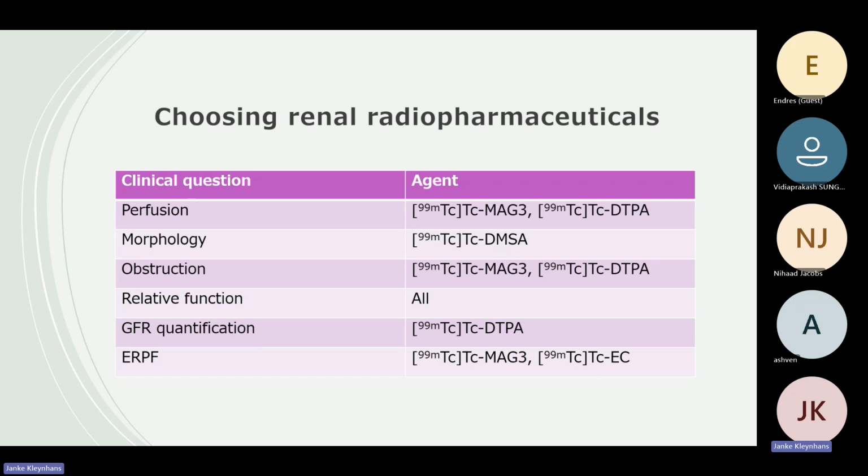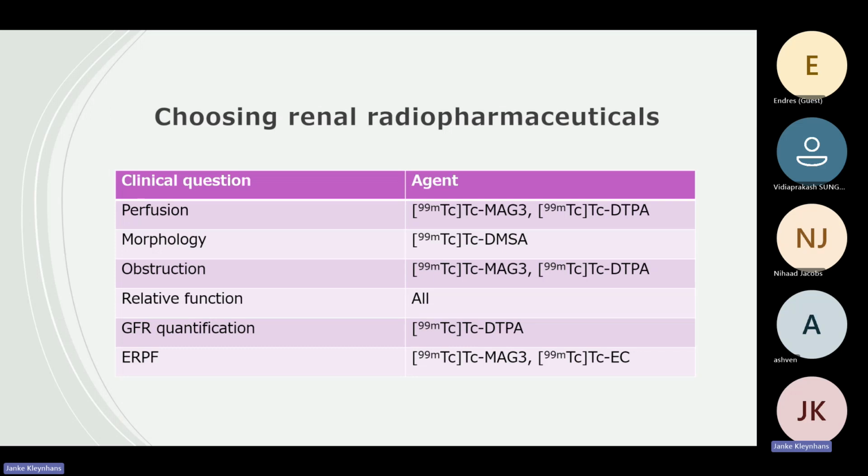So you have to choose the correct radiopharmaceutical for what you want to image in your clinical questions. There are a lot of clinical questions. Like we said, perfusion, that's the renal blood flow, that you can do early on imaging with MAG3 and DTPA; morphology with DMSA; obstruction with MAG3 and DTPA; relative function with all; and GFR quantification specifically with DTPA, as well as ERPF with MAG3 and EC.